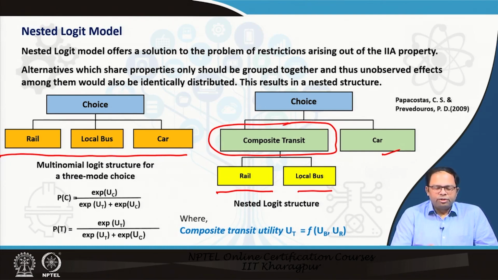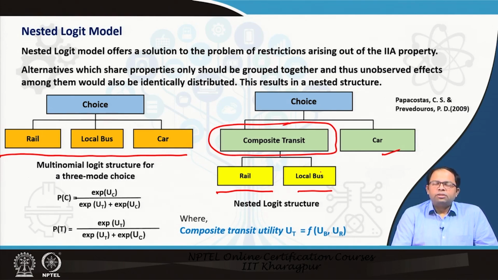Now, one thing that you have to remember when we are creating this kind of nesting structure, the parameters which are used to develop the utility equations for composite transit should only include the modal characteristics of transit which are common to both rail and bus.